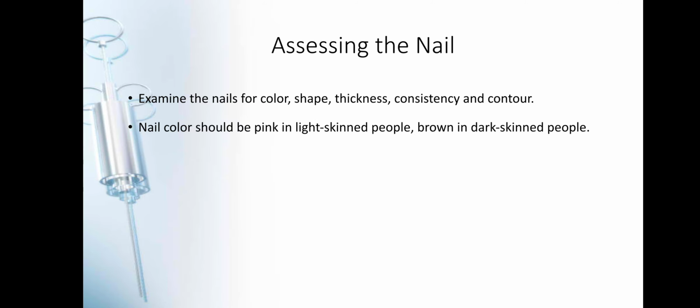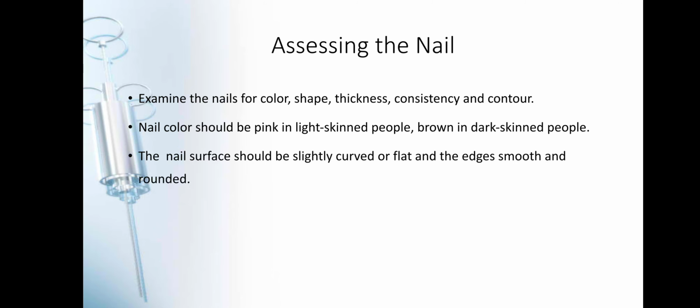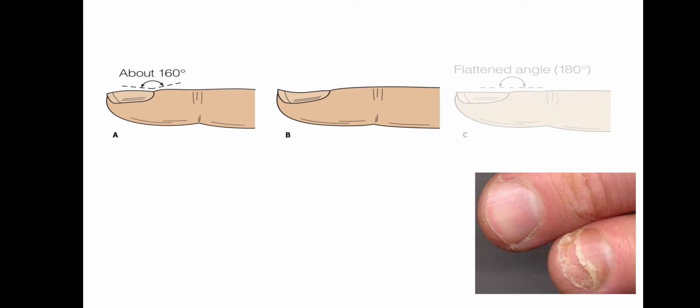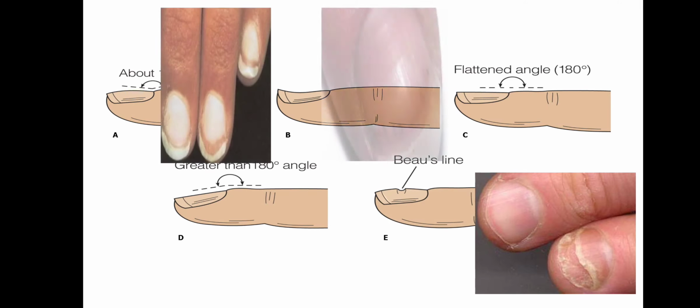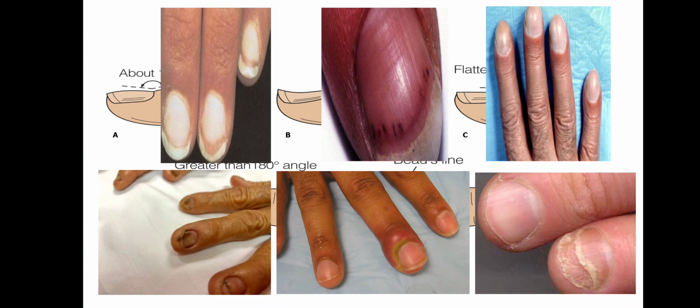So the nail color should be pink in light skin people and brown naman siya pag dark skinned people. The nail surface should be slightly curved or flat and the edges are smooth and rounded. So ayan siya, no? So ito yung normal. Ayan, kung makikita ninyo, ito yung mga abnormal.